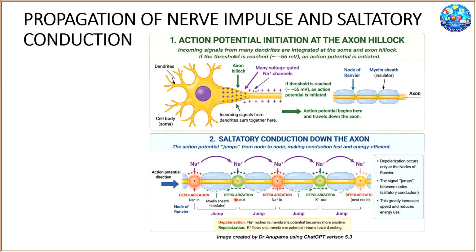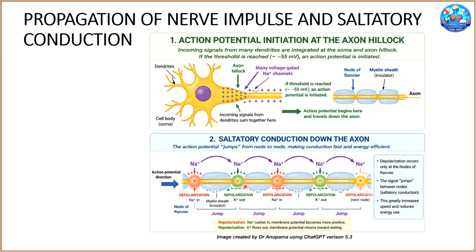So this speeds up the pace at which the signal is jumping, and it also reduces energy use, because only these channels require energy, while the other channels that might be present here do not open at all.